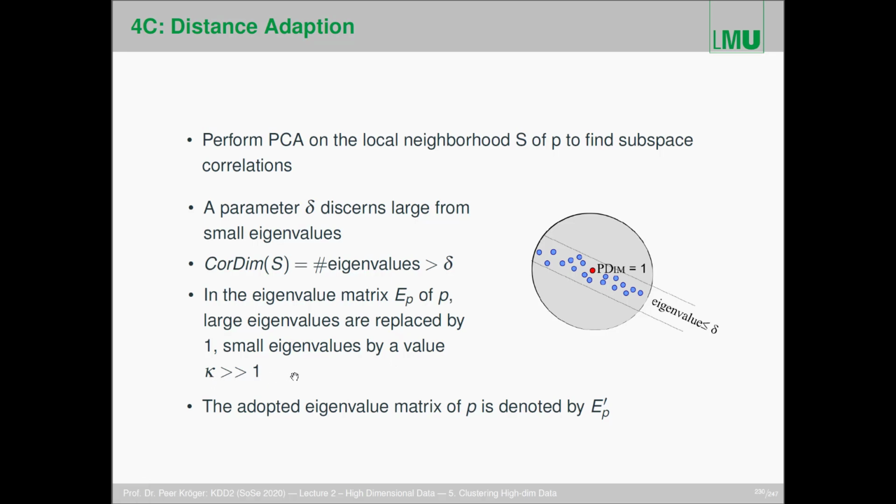So this is exactly the same as we did in PreDeCon, but the only difference is that we don't look for axis parallel variance, but we look with PCA for non-axis parallel variances.